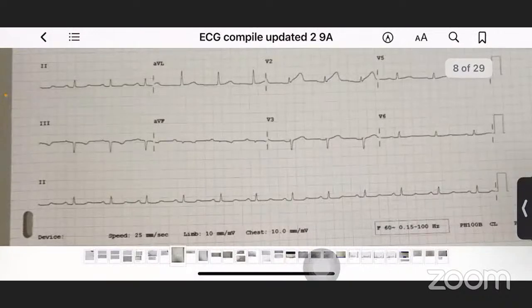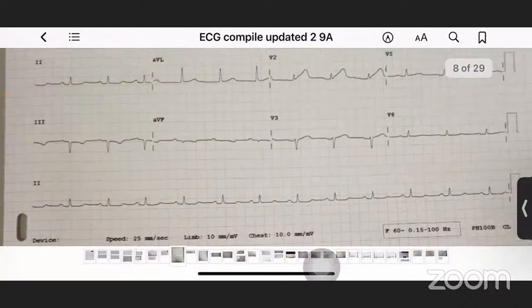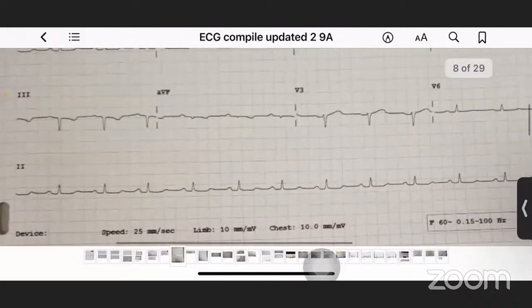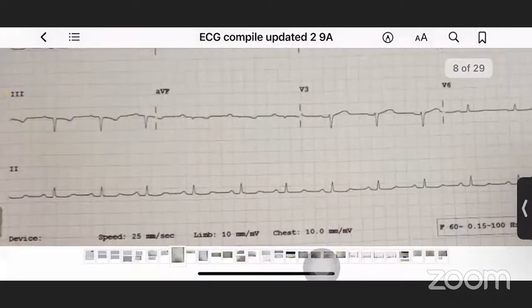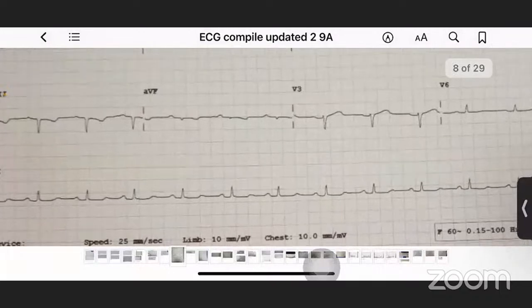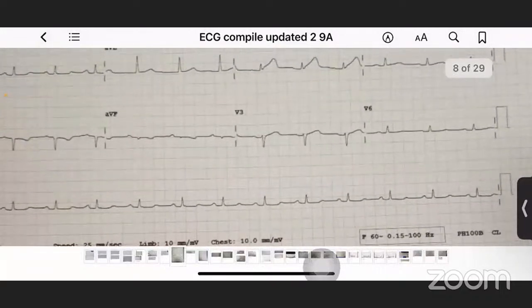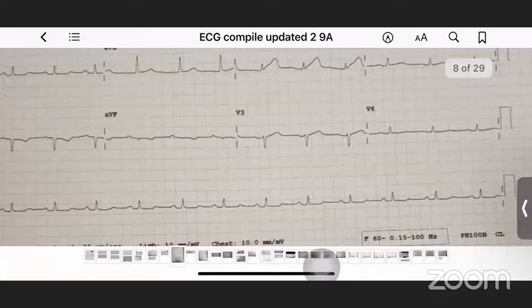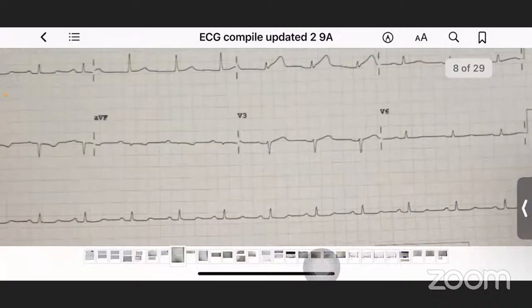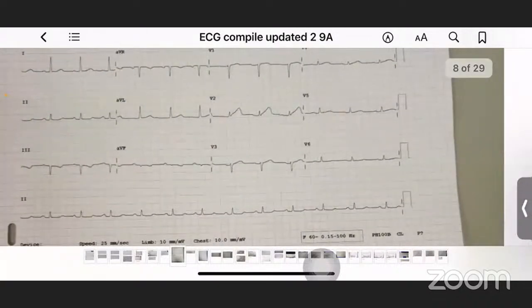The abnormality. So standard calibration, correct, right? 25 millimeter per second, and then 10 millimeter per millivolt, 1 centimeter per millivolt. ST elevation, V2 and V3.